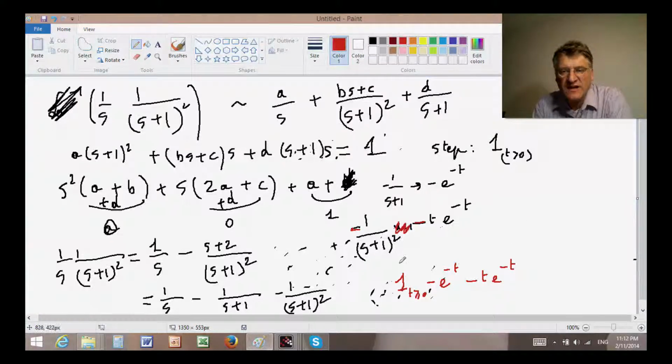So what does this look like? Well, it looks like, for the most part, an exponential which does this. So it is 1 minus e to the minus t. That's an exponential that does this. Now minus t e to the minus t is something which does something like that.